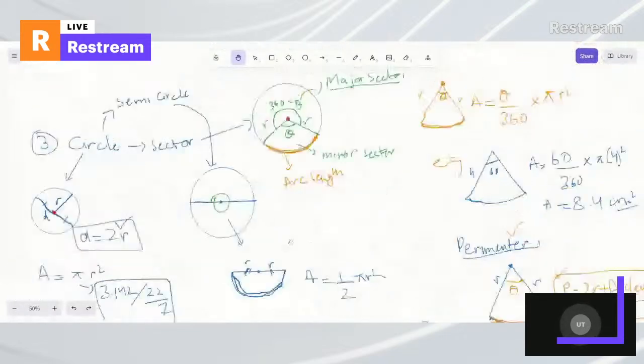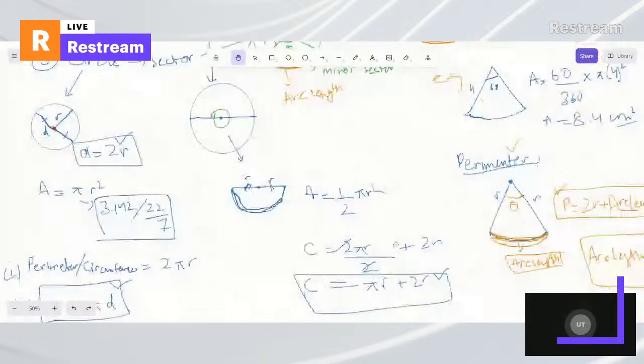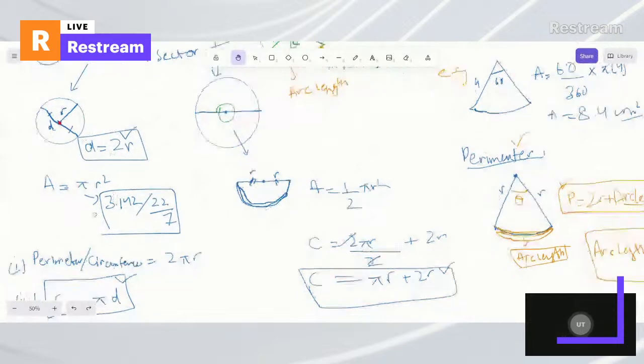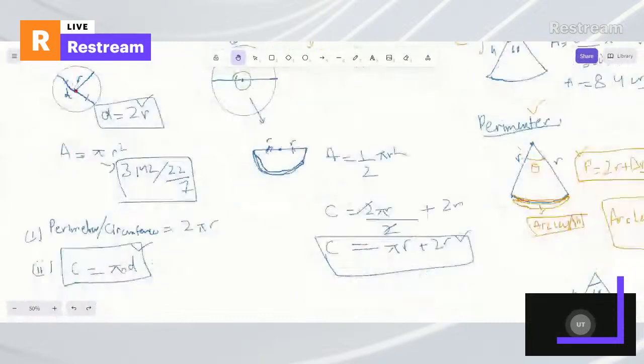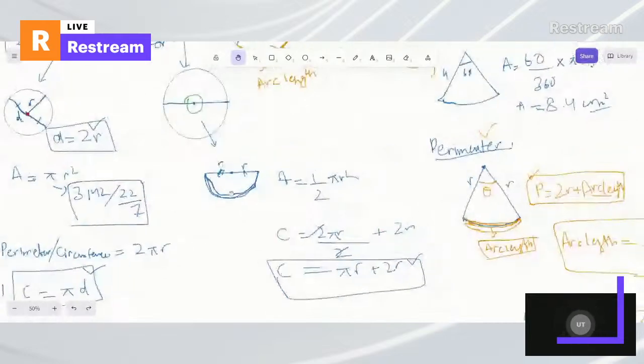Everything is going to be half, so the area of the circle is half for a semicircle as well. The circumference for a circle was 2 pi r. Now the circumference for a semicircle is going to be pi r.